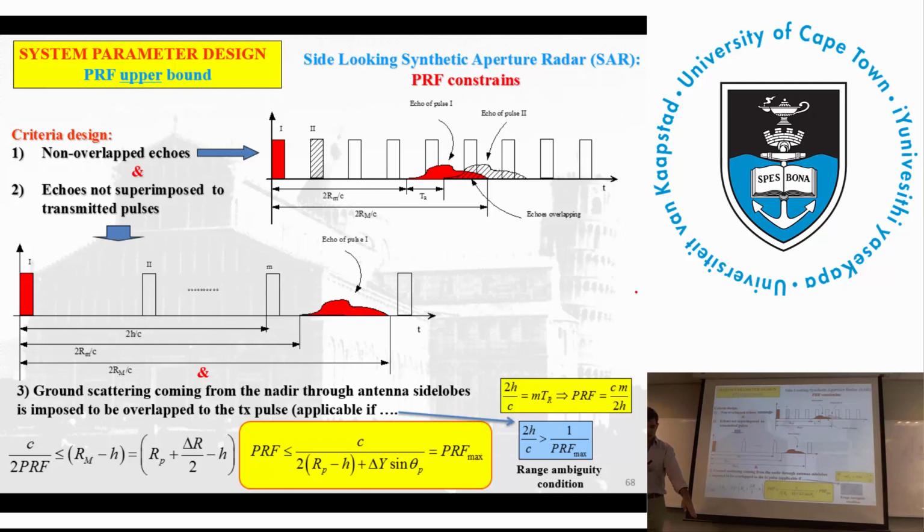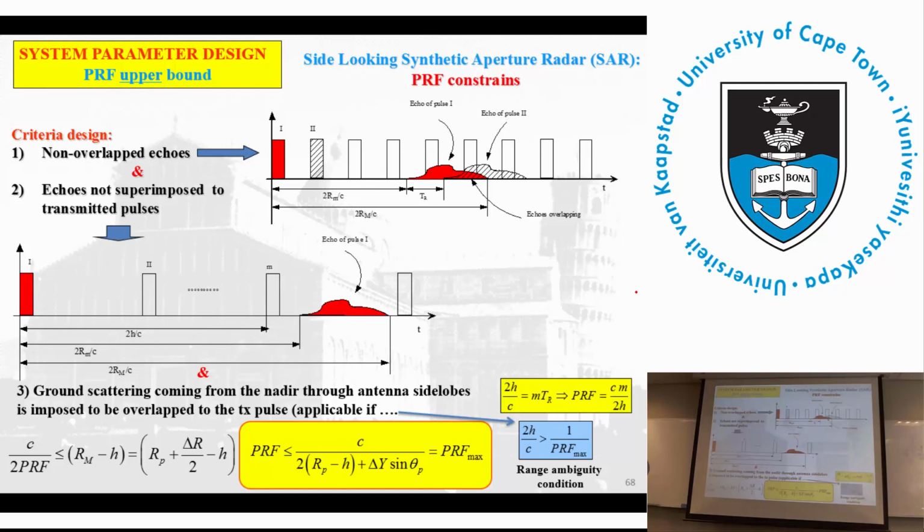That's fine. Now, I know that my real aperture will have side lobes itself. Particularly, there will be a side lobe that will point right at nadir. That direction is particularly dangerous because you get a really strong reflection, even from the surface.